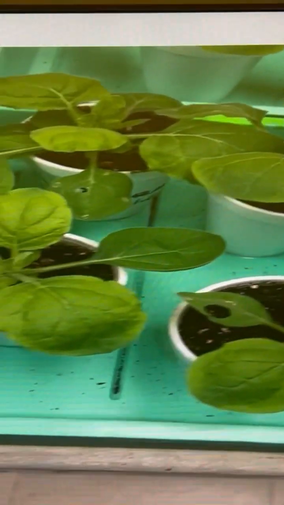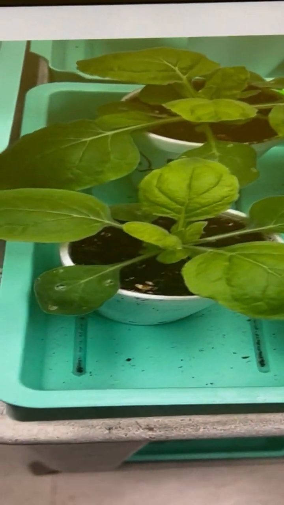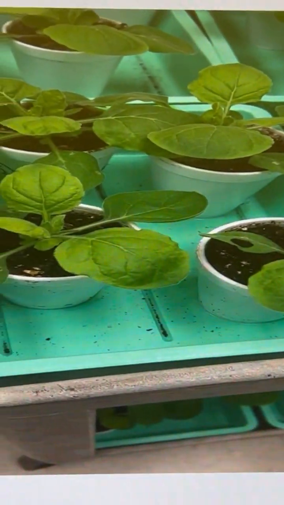Hello everyone, today I'm going to show you tobacco mosaic virus. And here is the plant pathology department, Selby Hall, on the OARDC campus, and people here are working on this virus.